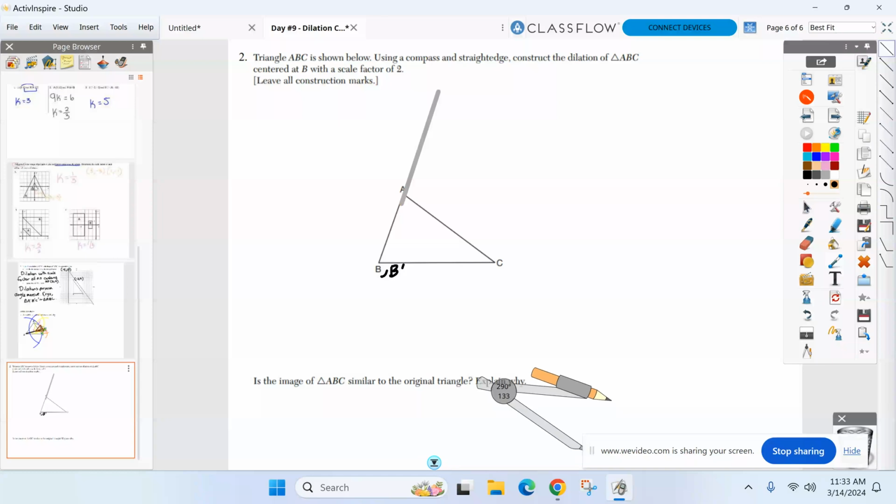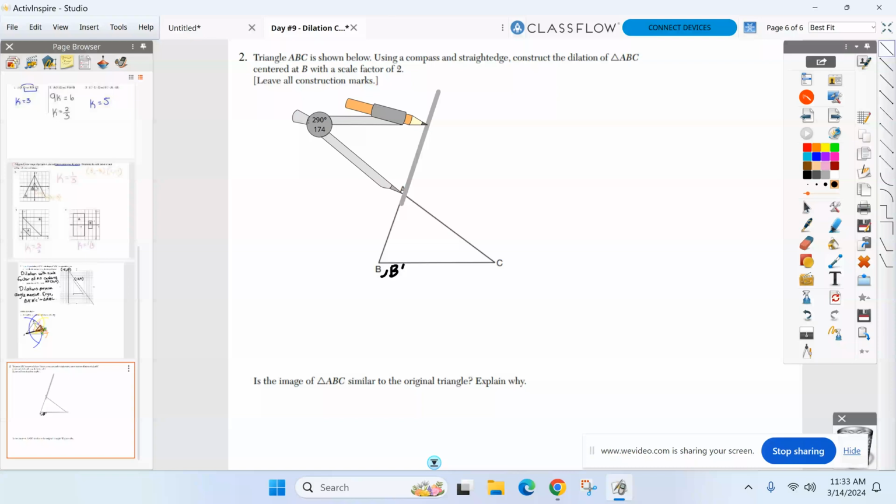Using your compass, measure the distance from A to B. How do I now double it to find out where A prime is? Put the point of the compass on A. Now slide it up. There it is.